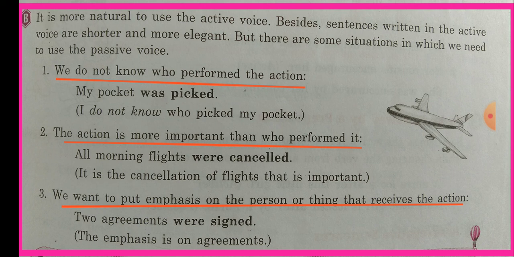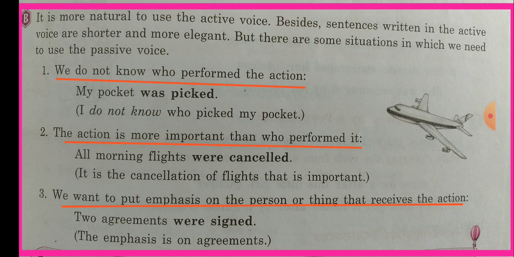When the action is more important than who performed it, then also we will use passive voice, like: All morning flights were cancelled. Here it is the cancellation of flights that is important, not anything else. So here we have used passive voice.